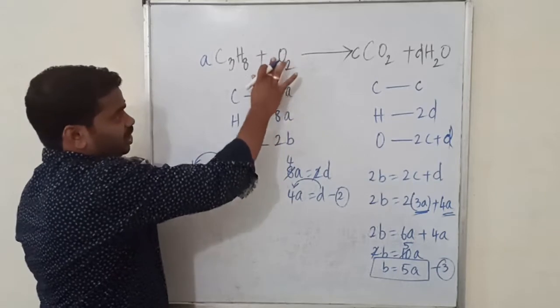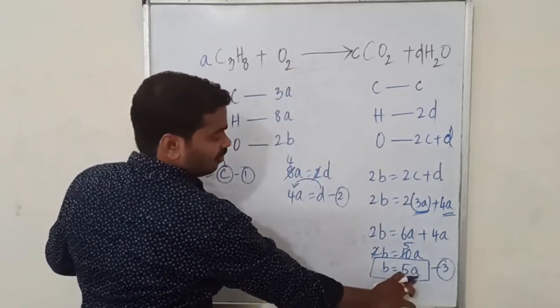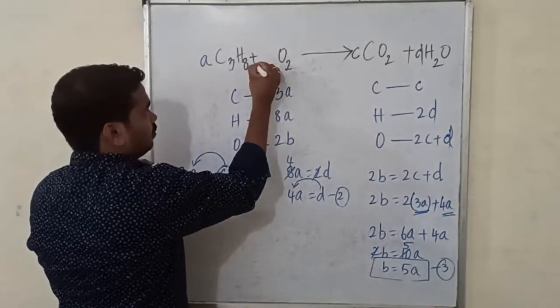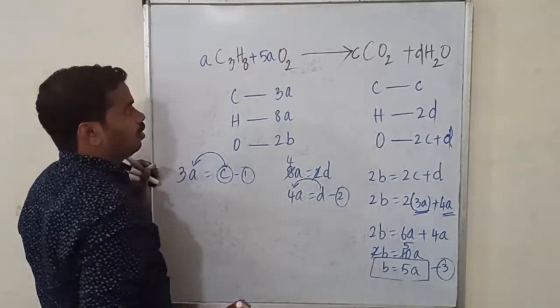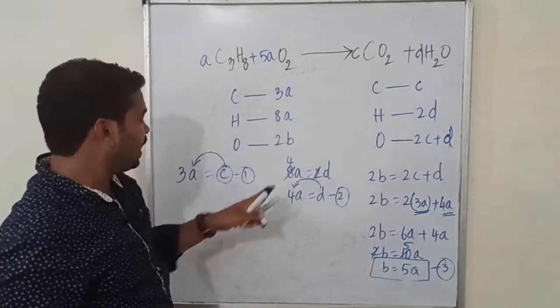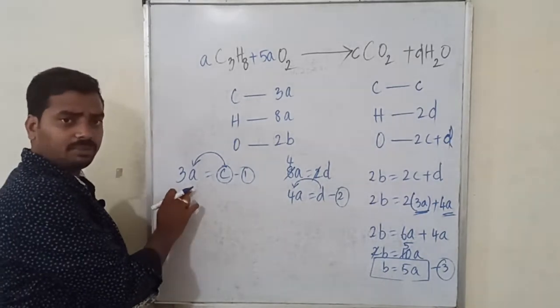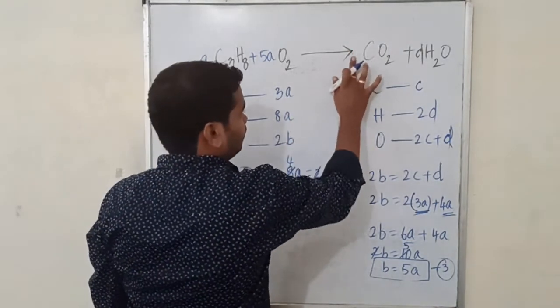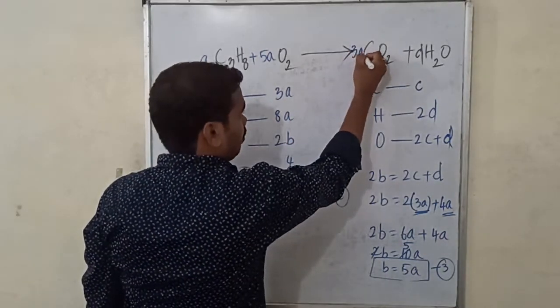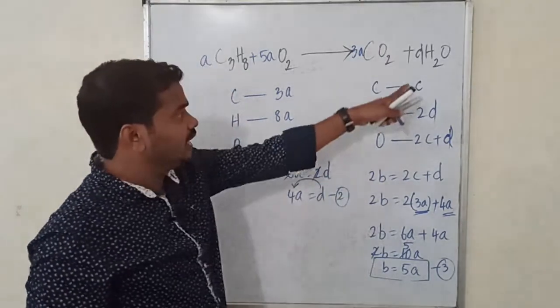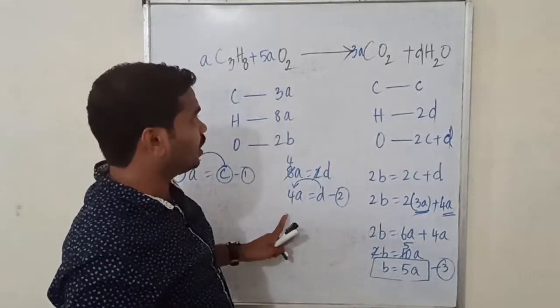B can be replaced as 5A. Next, C can be replaced as 3A. Next to that, D can be replaced as 4A.